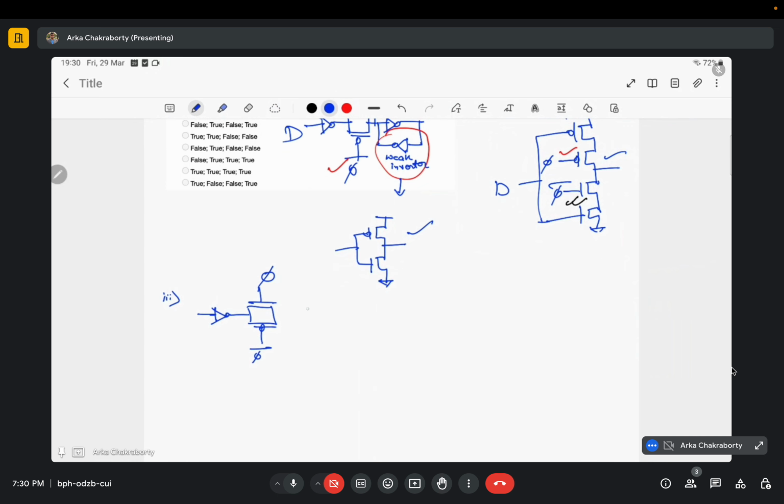Phi bar. So it will be Q bar, I guess, because 3 inverters are connected. And you can see here it will be transparent during phi, and this one will be transparent during phi bar.